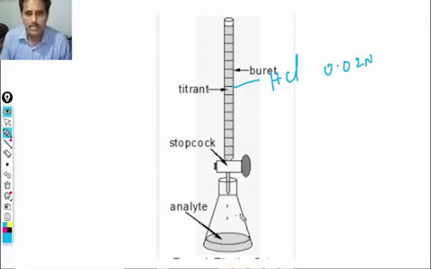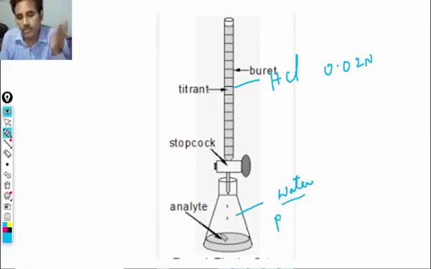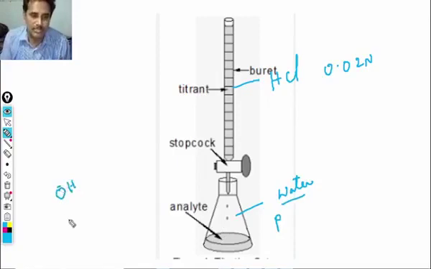The analyte, otherwise called the water sample, we take into this conical flask. First we take the water sample and add the phenolphthalein indicator. Suppose if only hydroxyl ions are present, what will happen?